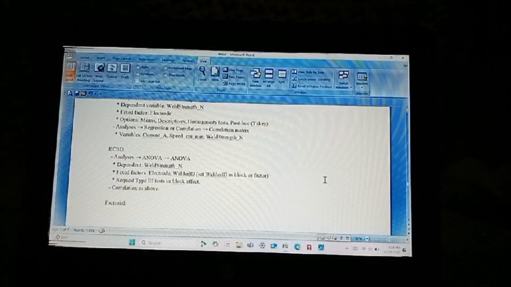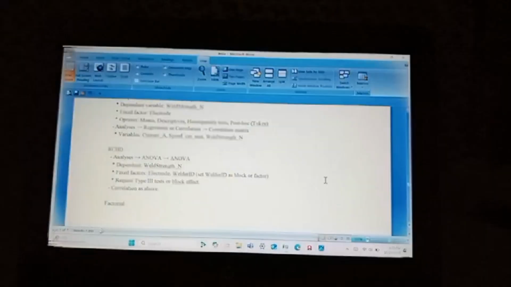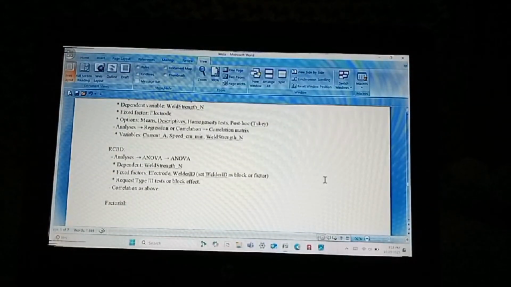Current F(1,18) equals 14.63, p equals 0.001. Interaction F(2,18) equals 6.84, p equals 0.007.